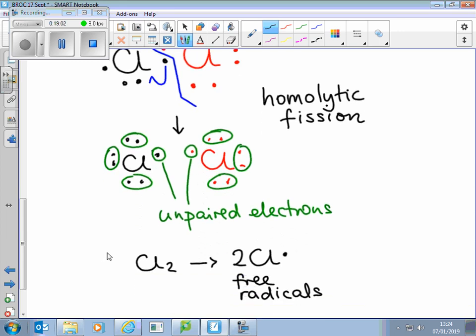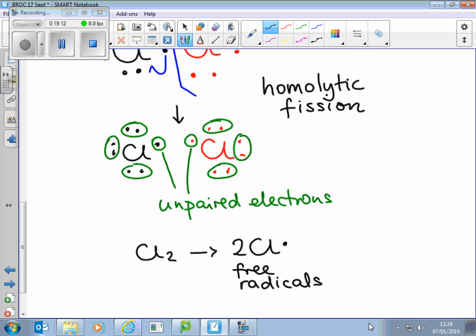The unpaired electrons being particularly reactive, and this is how we are supposed to draw them, but it can be a bit tricky. Right, so that I've got all that out of that one little box. That means I've probably overlapped into some of the other stuff as well, but that's not a problem.